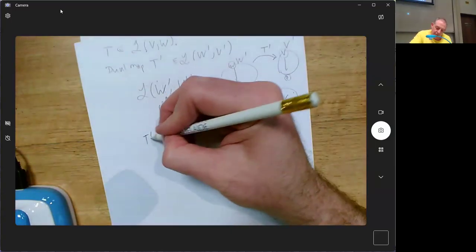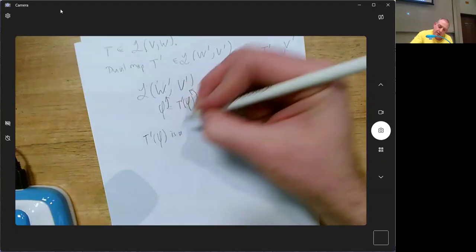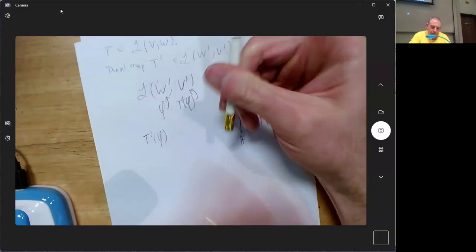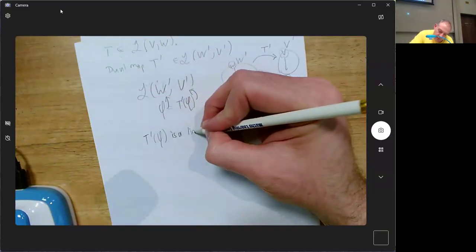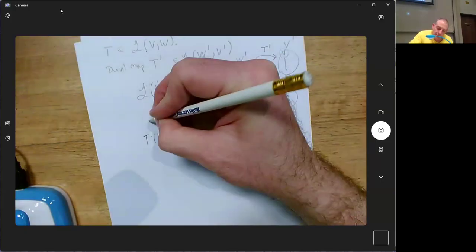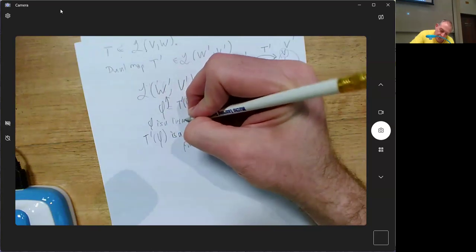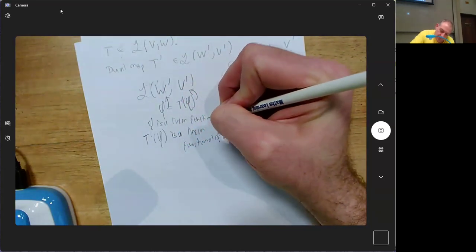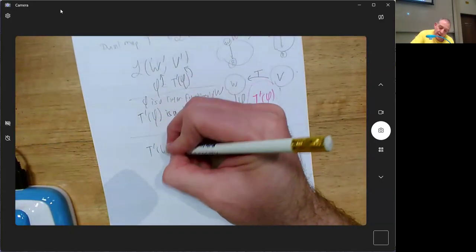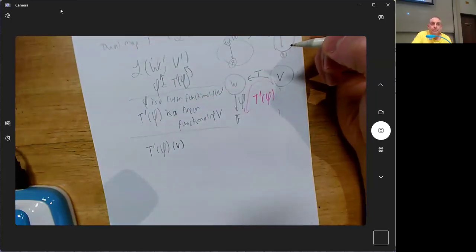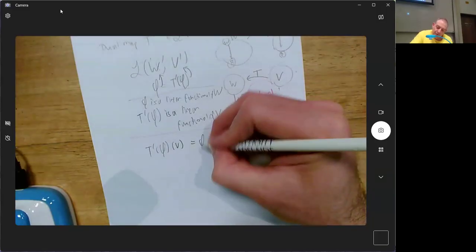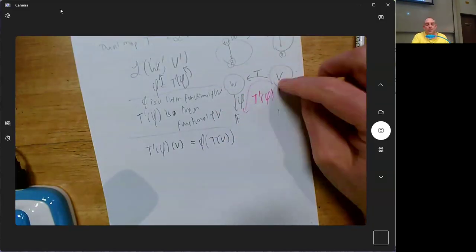And so T dashed of phi is in V dashed, the linear maps on V. So phi is a linear function of W, T dashed of phi is a linear function of V, and so T dashed of phi is a function that acts on things in V, and it will do that by first doing T and then doing phi. That's what this says.